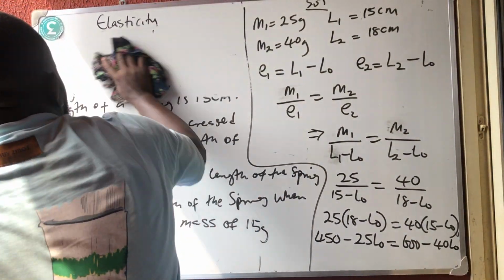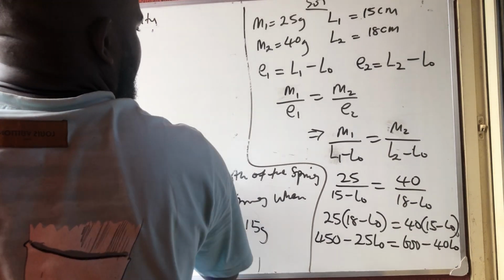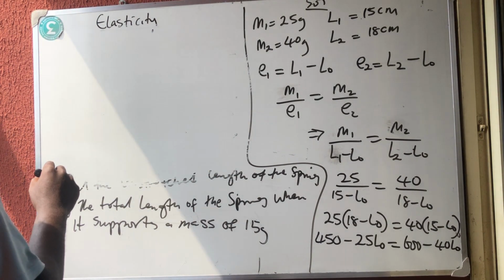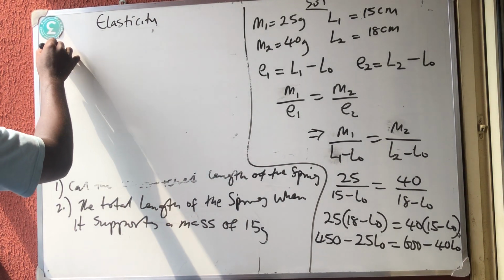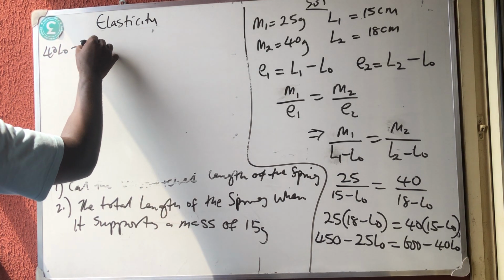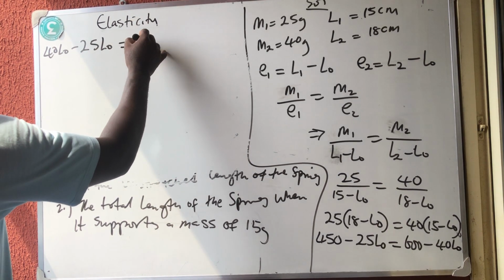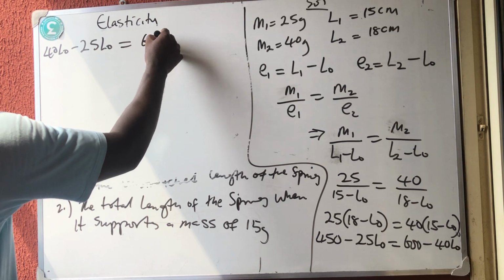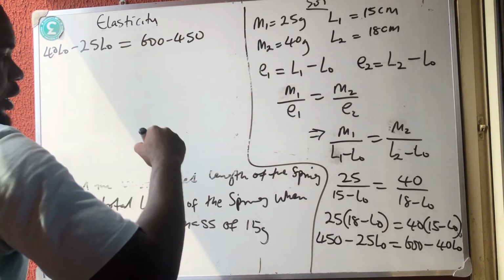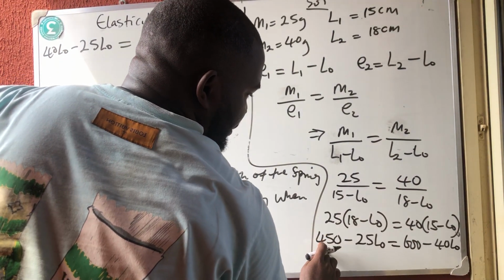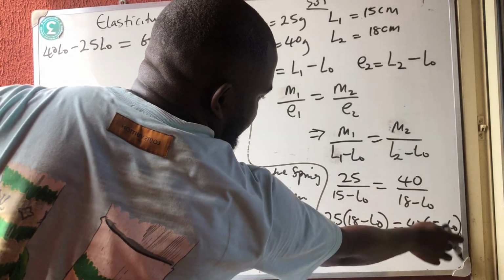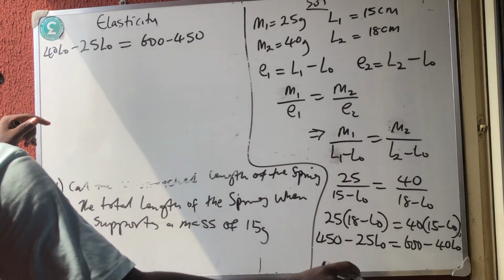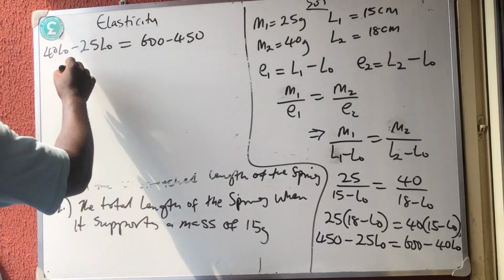So let me collect like terms. 40 L0 minus 25 L0 is equal to 600 minus 450. This one that is minus coming here became plus. This one that is plus going here becomes minus. So what do I have now? 40 minus 25 is 15.